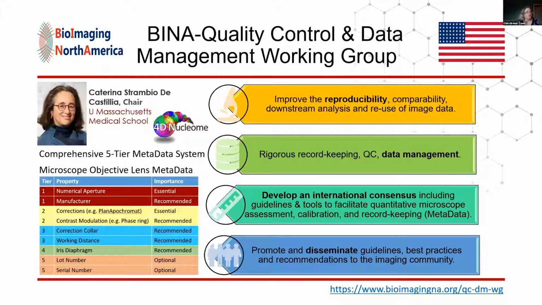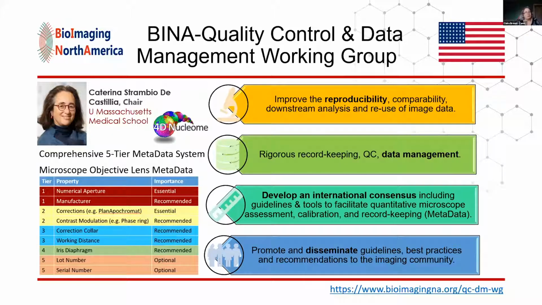In relation to data management, we have a quality control and data management work group, which is being headed up by Caterina Strambio-De-Castillia, and she's in the meeting today. Some of the initiatives are to improve reproducibility, focus on quality control and data management, develop an international consensus, so working with the global community to come up with a consensus on how best to do things, and to disseminate this to the broader research community.